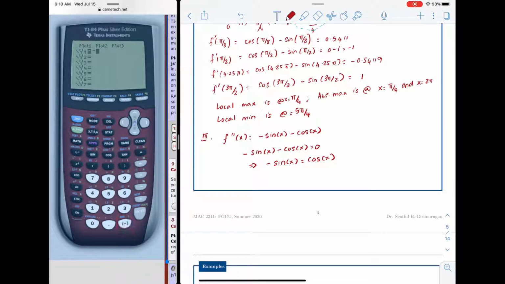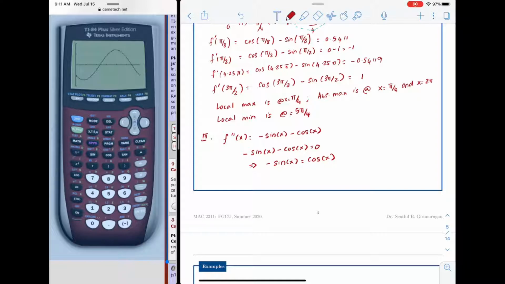This time I'll show you with a calculator. Then we can identify this directly. Minus sine x minus cosine x, and you graph. And that is what we get.